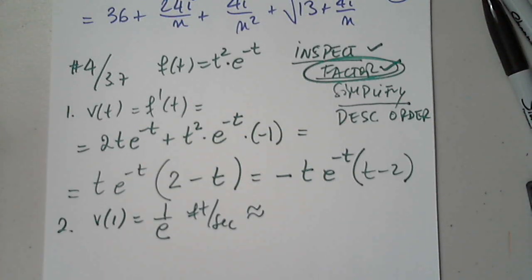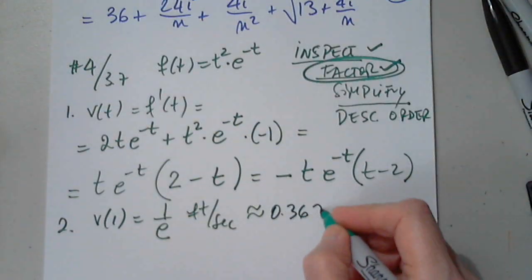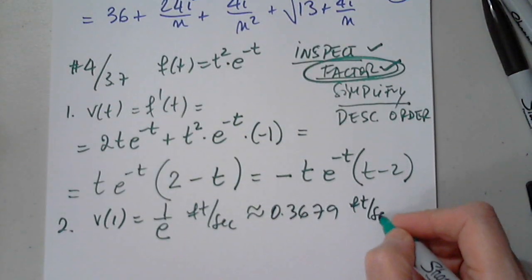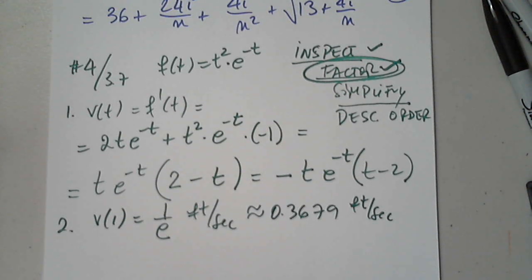The older calculators are different. Anyway, this is 0.3679 feet per second.